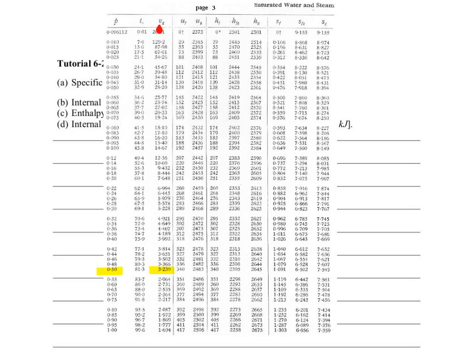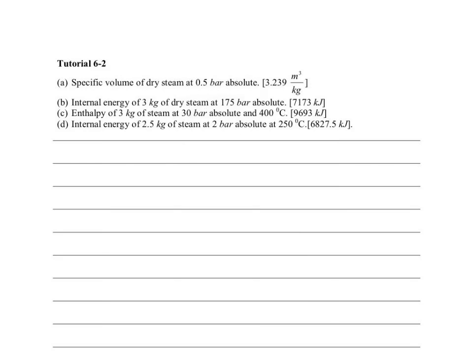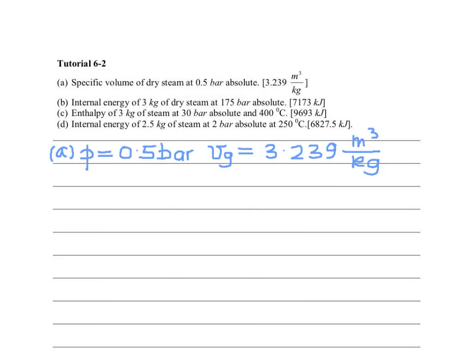So dry steam will be the condition Vg, and we get a value of 3.239 cubic meters per kilogram. So let's write it up. So that completes part A.